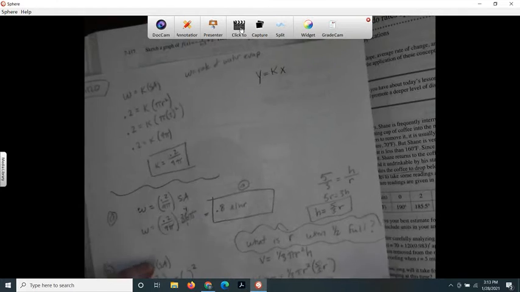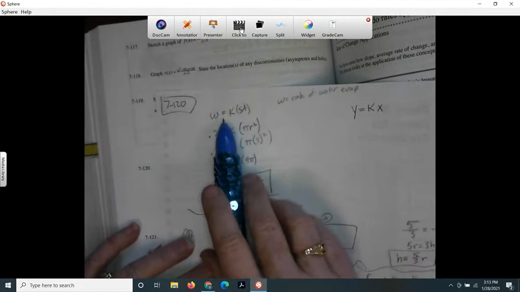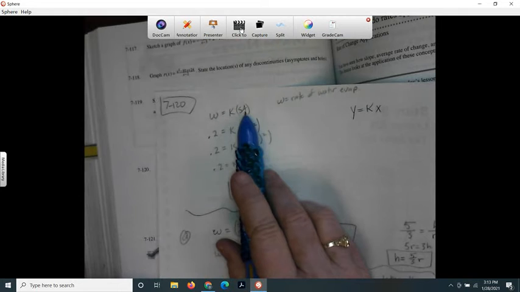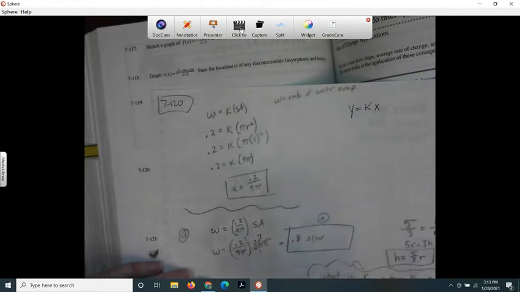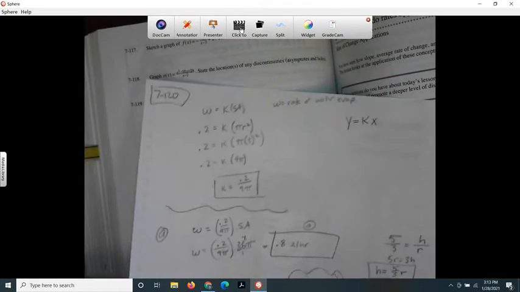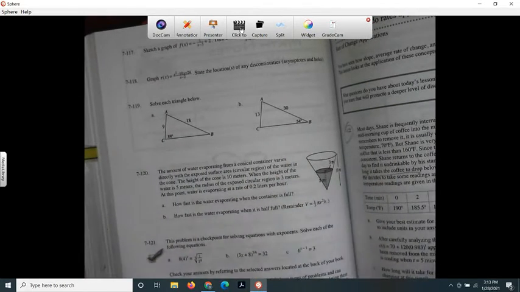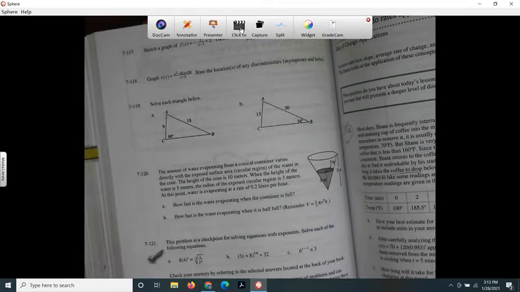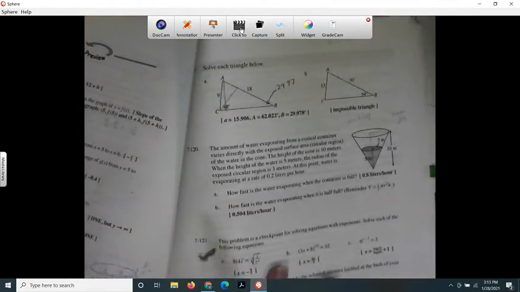So when you first encounter this problem, you want to think about how the water varies directly with the surface area. And we're going to let W equal the rate of the water evaporation. This was kind of a hairy problem. This is a nicer picture right here.